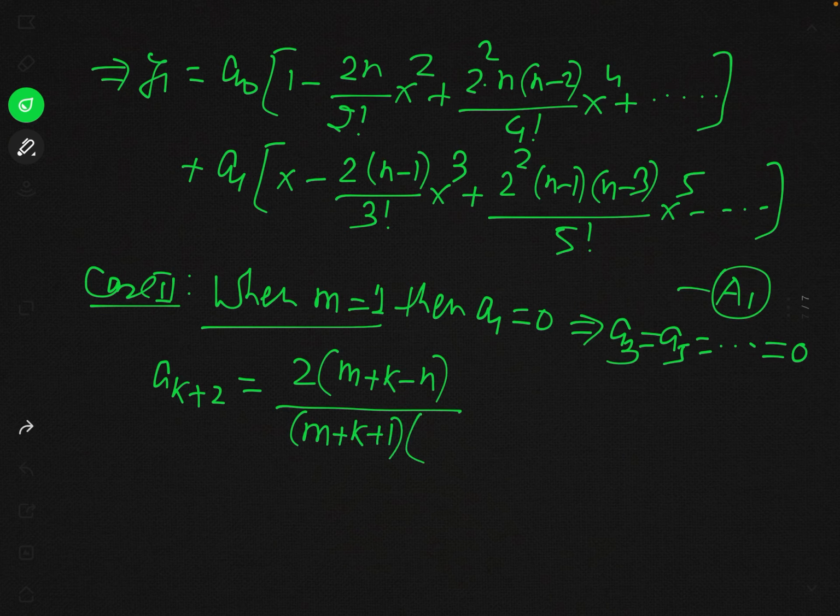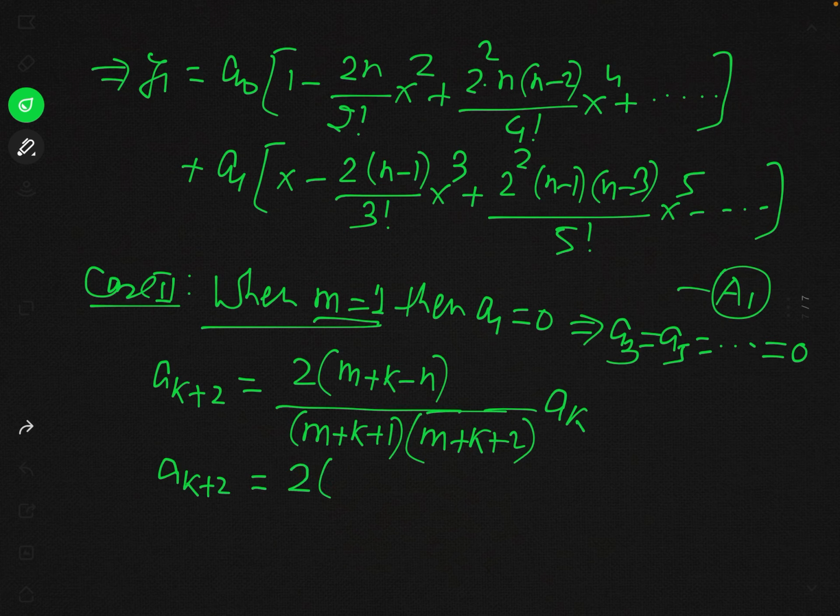2 times of m plus k minus n over m plus k plus 1 times m plus k plus 2 times ak. Now, as we have considered m equal to 1, ak plus 2 will be what? You can easily see. Let us put m equal to 1 in this expression in RHS.